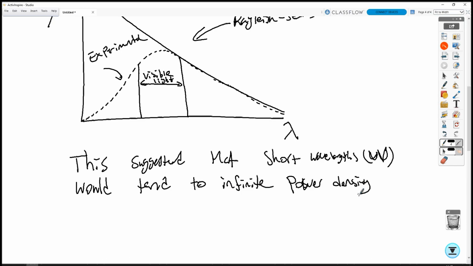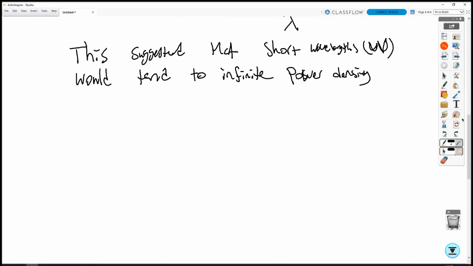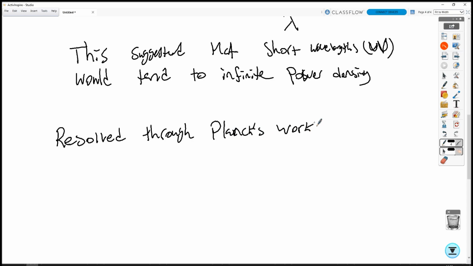That's not what was happening. So this problem was resolved through Planck's work. And Planck's work fixed this problem by changing the way we think about light from electromagnetic radiation to photons.